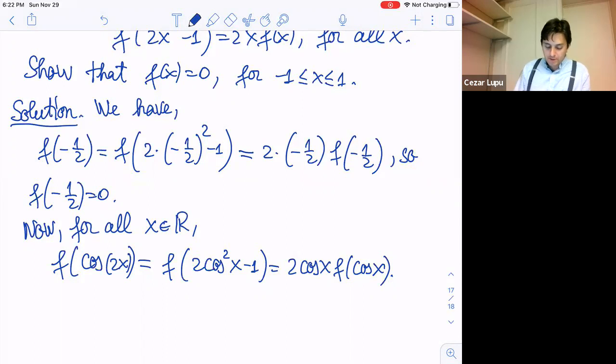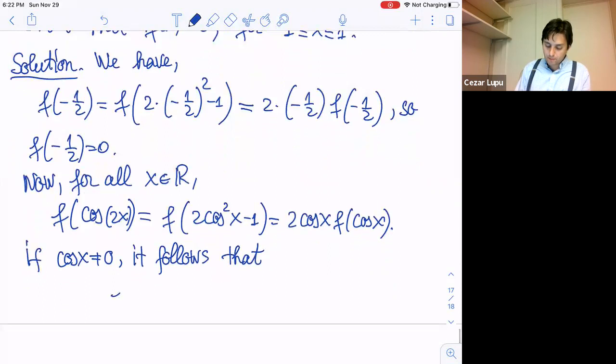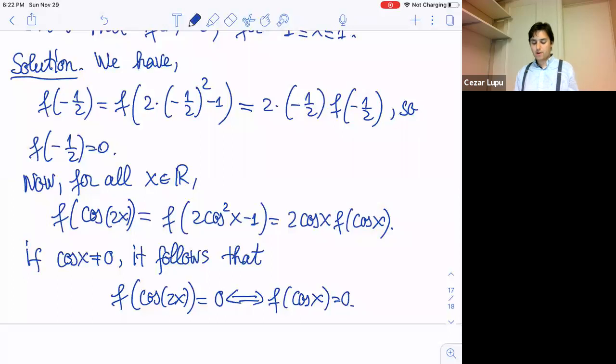We have the following implication. If cosine of x is not 0, it follows that f of cosine of 2x is 0 if and only if f of cosine of x is 0. We have this implication, right? It's quite clear.